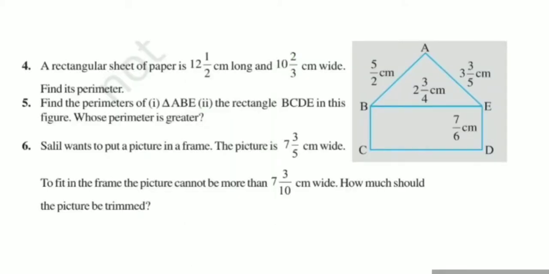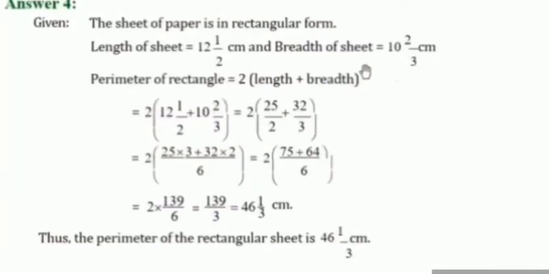A rectangular sheet of paper is 12 whole 1 upon 2 centimeter long and 10 whole 2 upon 3 centimeter wide. Find its perimeter. Let's see the solution. The sheet of paper is in rectangular form, okay, and the length is 12 whole 1 upon 2 centimeter and the breadth of the sheet is 10 whole 2 upon 3 centimeter.